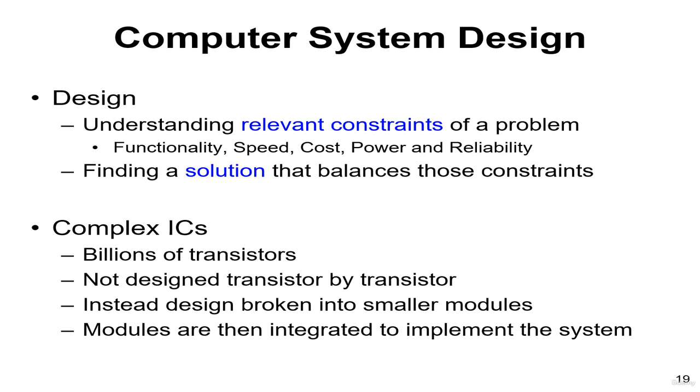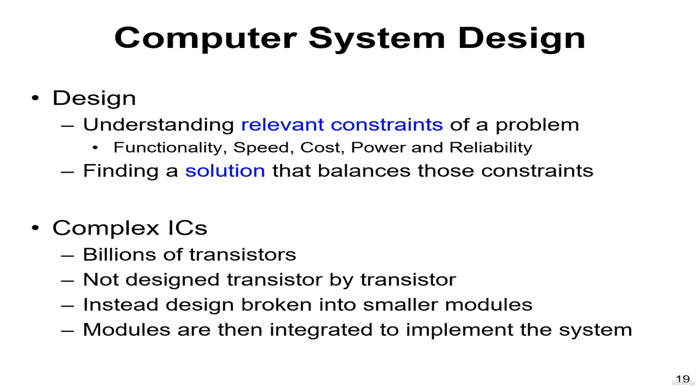So in order to address this complexity issue, we follow a top-down approach for designing computer systems. The specifications are highlighted at a very high level, and from those specifications, we decompose the design into smaller blocks, and we keep on decomposing those blocks into further sub-blocks.